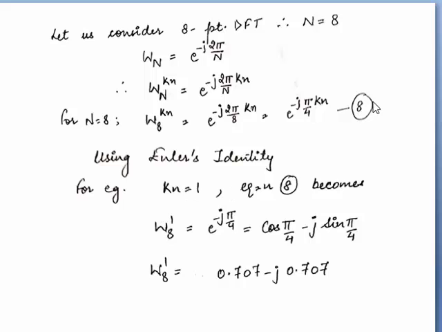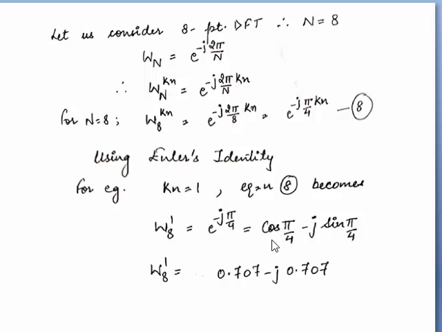So equation 8 becomes, kn is equal to 1 means W8 raised to power 1 is equal to e raised to power minus j pi by 4 into 1, because kn is 1. Pi by 4 is 45 degrees. This is expanded by Euler's identity, that is equal to cos pi by 4 minus j sin pi by 4.